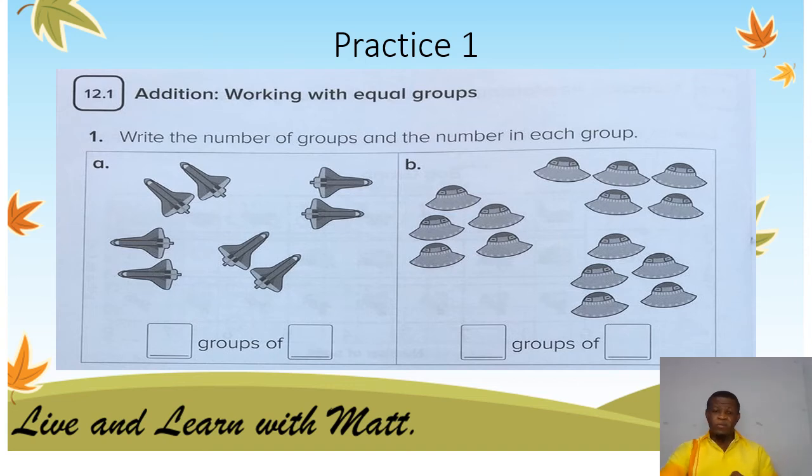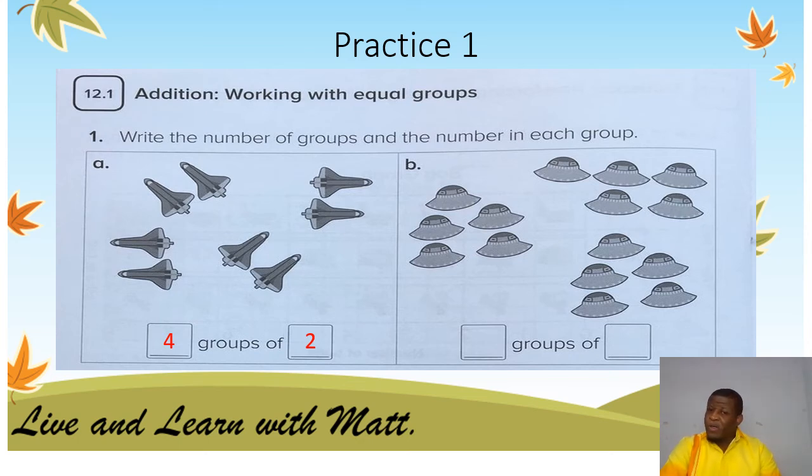Are you done? So what did you write in part A? Did I hear 4 groups of 2? That's correct. So for part A, it will be 4 groups of 2.